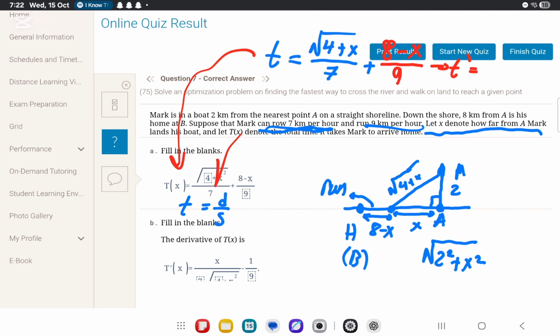For example, some of you might find the common denominator here, which will be 63, so you multiply by 9 here and by 7 here, and that's totally fine.